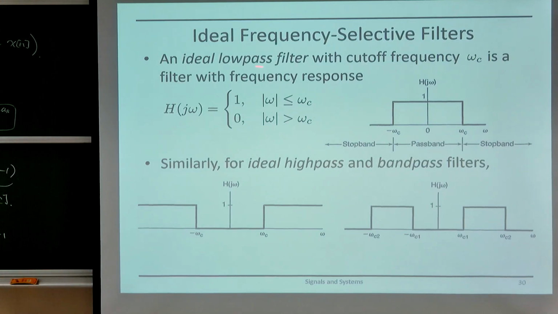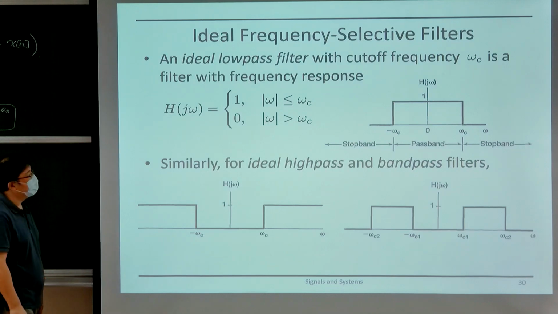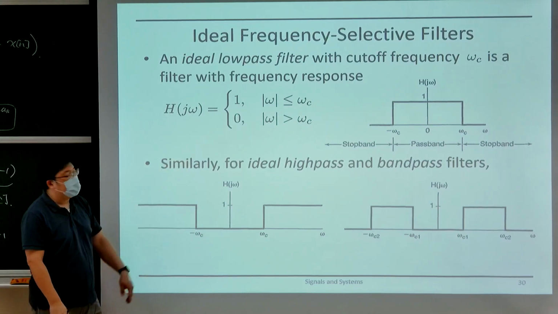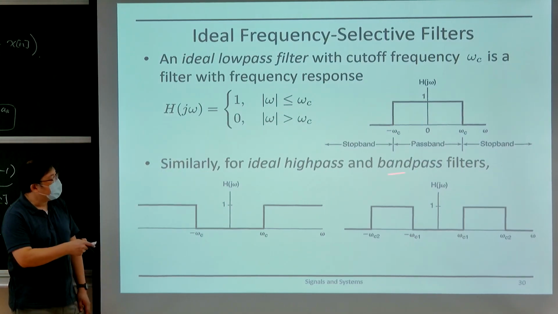So an ideal low-pass filter with cutoff frequency omega c will have a frequency response that looks like this. It has a perfect 1 in the low-pass band, a perfect 0 outside of omega c, and the transition is perfect at the cutoff frequency. You can also define similar ideal high-pass and band-pass filters.